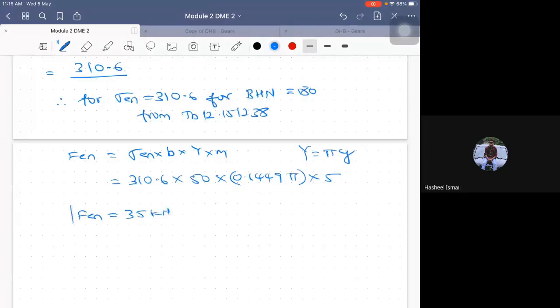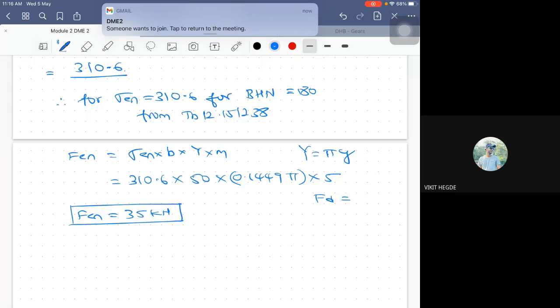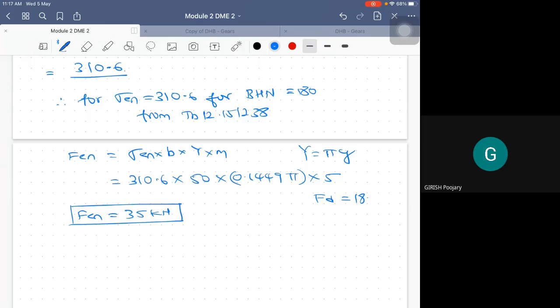Now, what was our dynamic load? 18.38. Whether FEN is greater than the dynamic load, the dynamic load is less, isn't it?